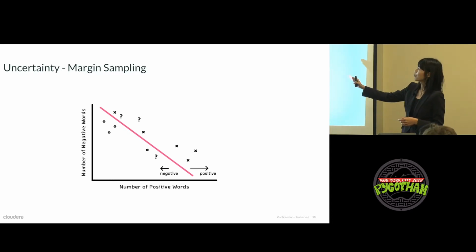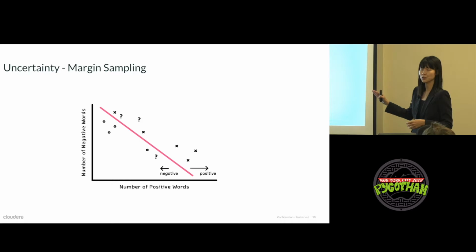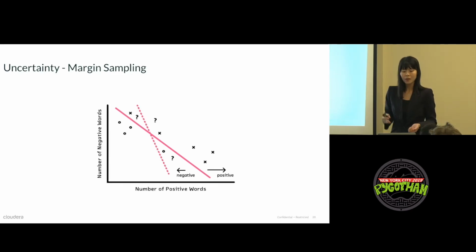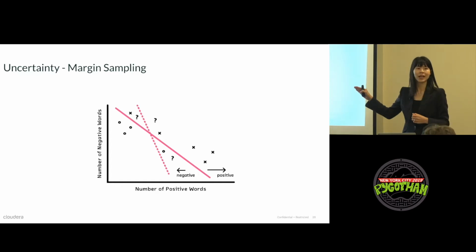So anything to the right of the pink line, the pink decision boundary, will be classified as positive reviews. And anything to the left will be classified as negative reviews. Now, data points right around the decision boundary are the ones that the model is most uncertain about. Why is that? Any changes in the decision boundary due to model refinement will cause the same points to be classified differently.